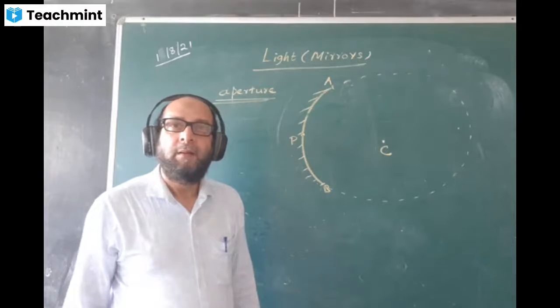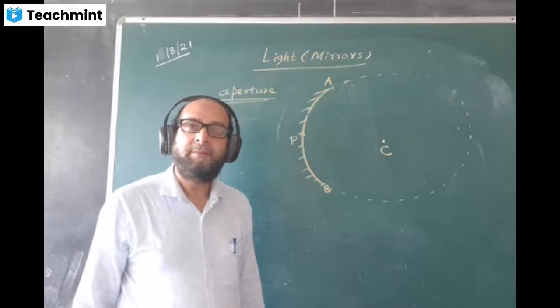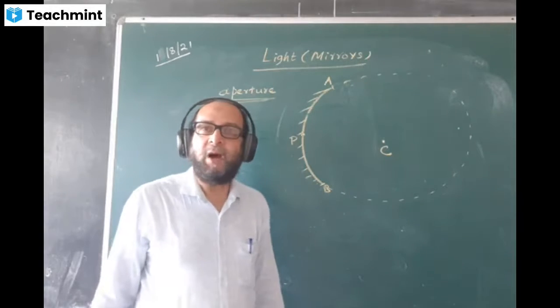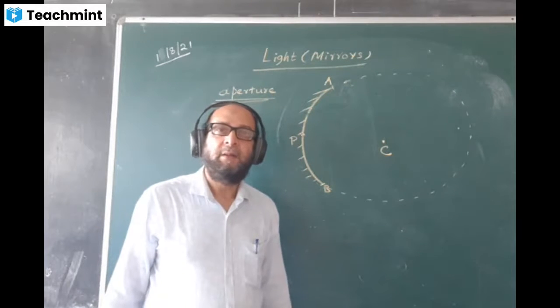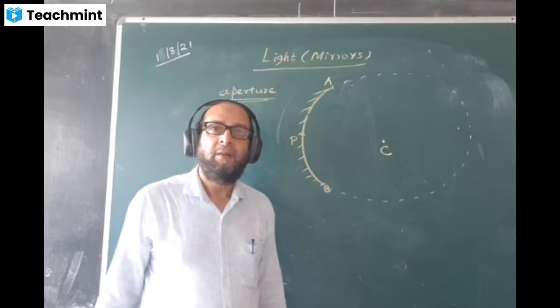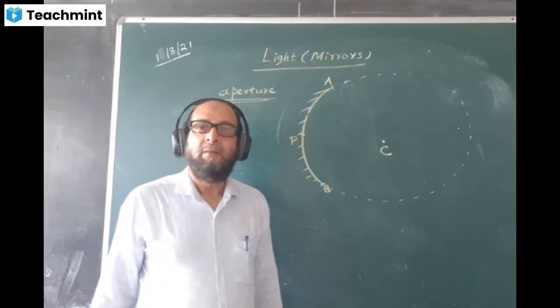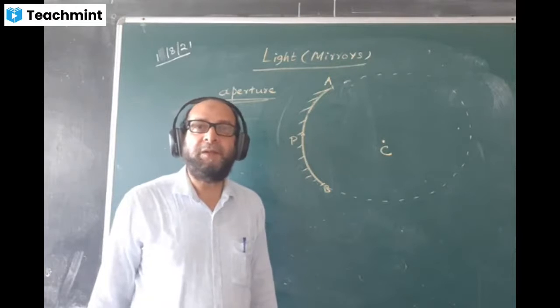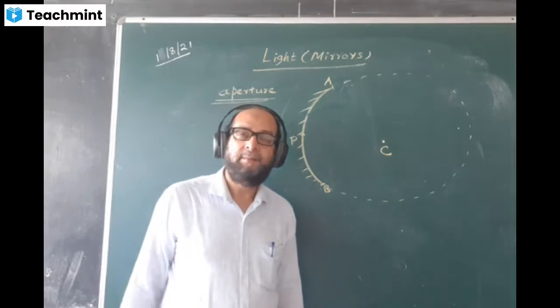Sir, can you spell curvature? It is also given in the book. C-U-R-V-A-T-U-R-E. Sir, you can tell once more. It is the center of the sphere of which the given mirror is a part.